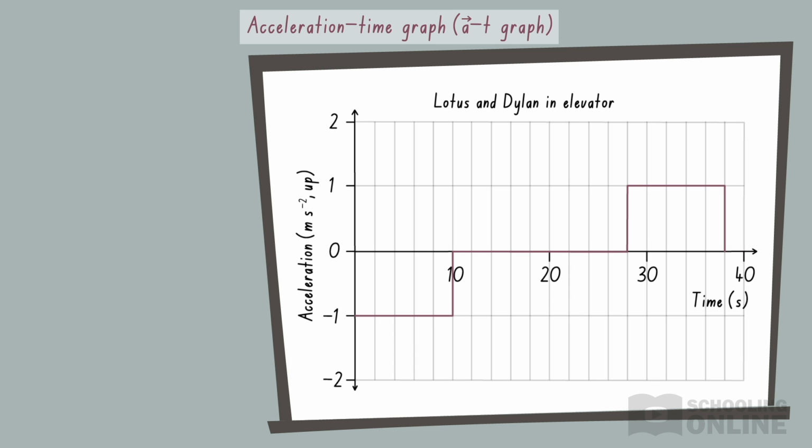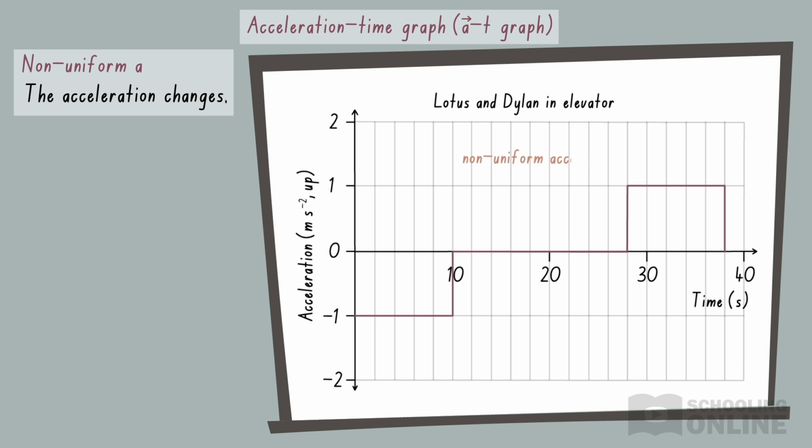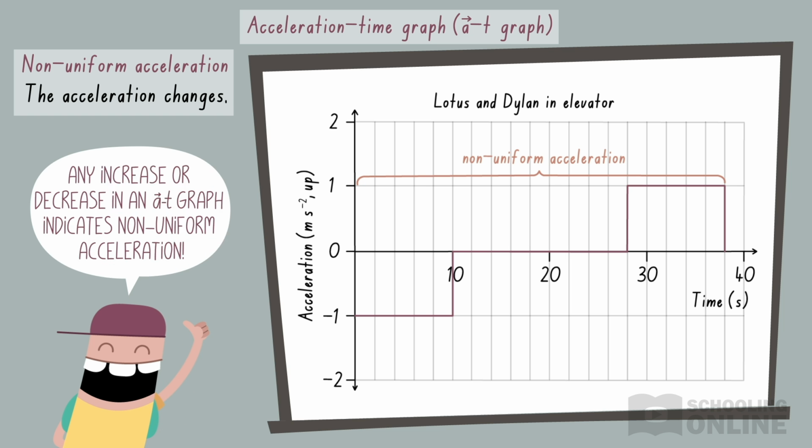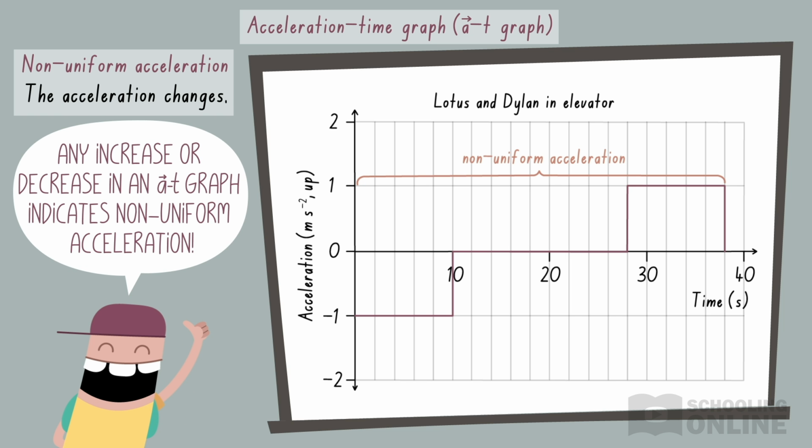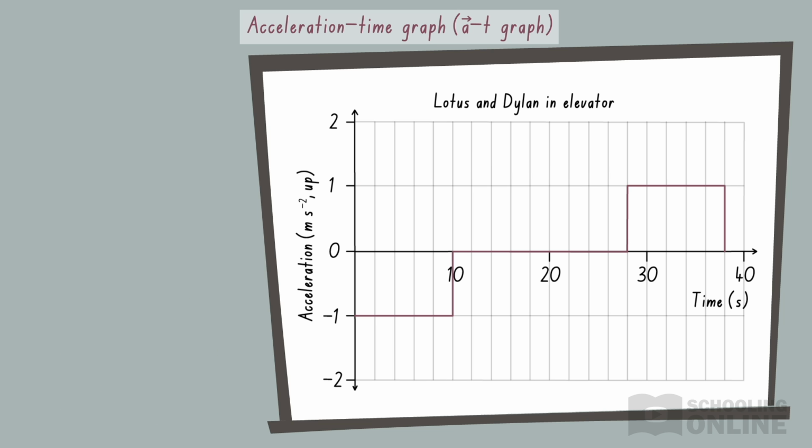As we can see, the lift's acceleration changes over the entire journey, making this an example of non-uniform acceleration. When analysing acceleration time graphs, any increasing or decreasing trend indicates non-uniform acceleration. However, we can break the graph into distinct sections.